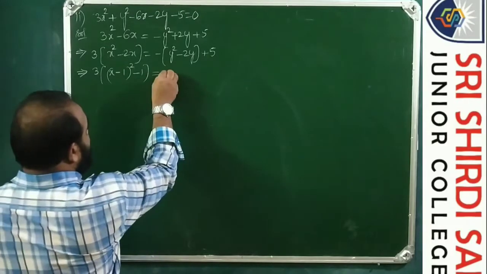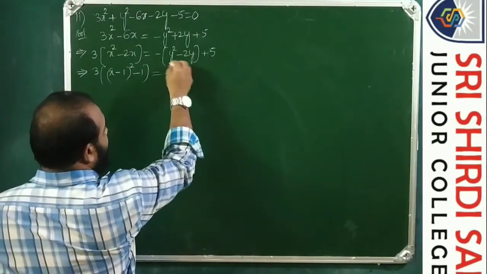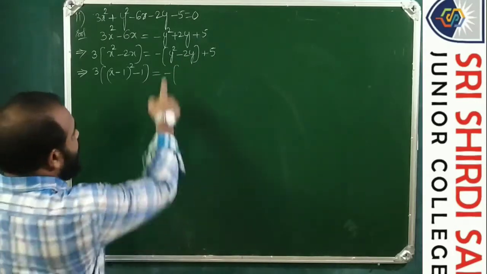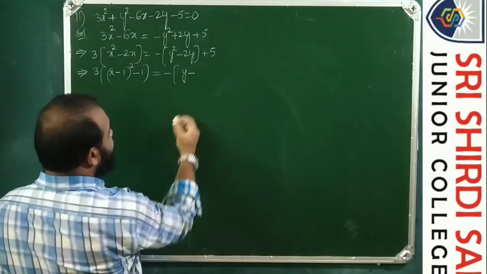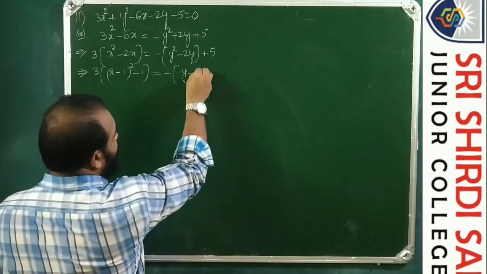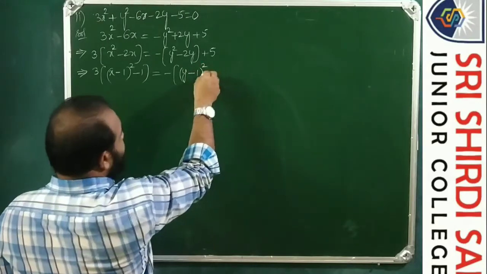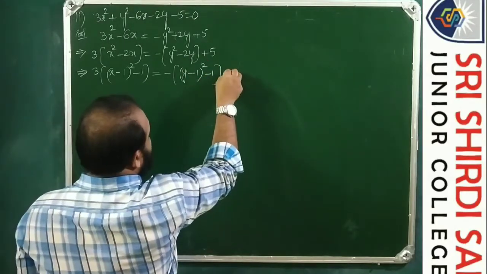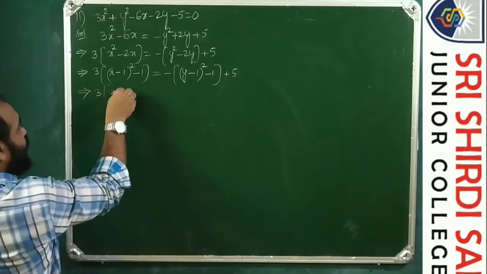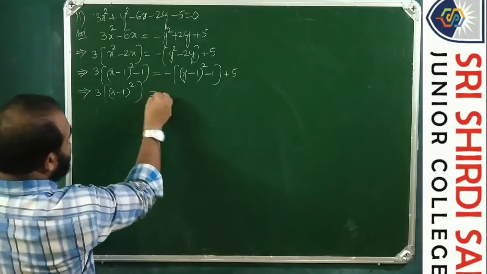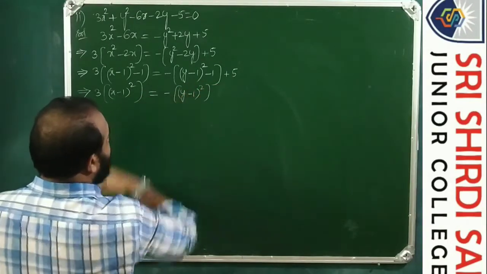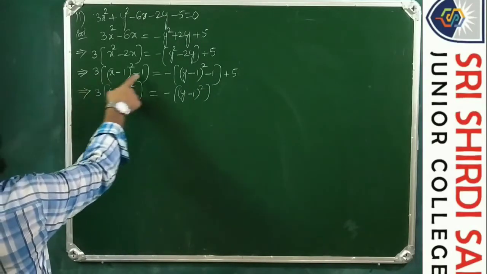Likewise, minus of y square minus 2y plus 5. Let us try to express this again as a minus b whole square. So y square, y minus, the coefficient of y is 2, half is 1, complete the square, minus 1 plus 5 as usual. So this is 3 into x minus 1 whole square is equal to minus of y minus 1 whole square, so 3 into minus 1 is minus 3.